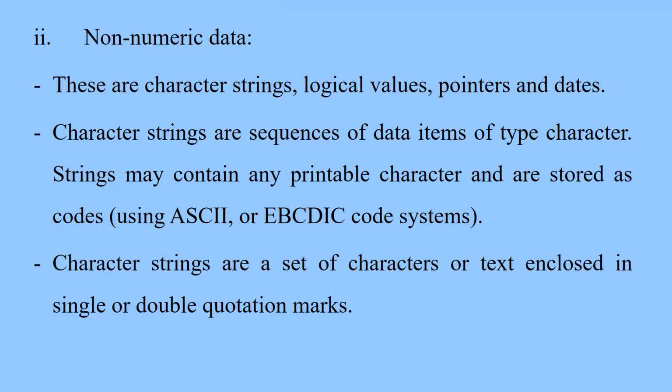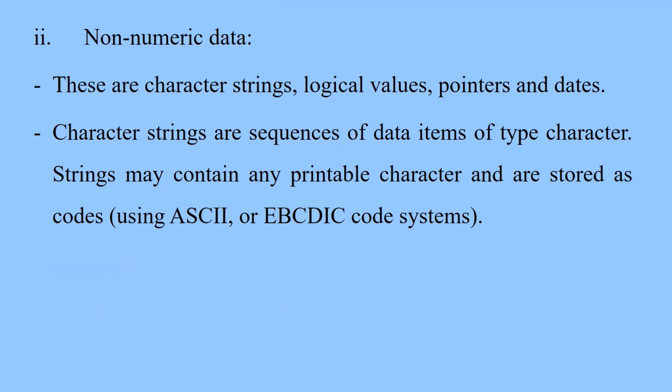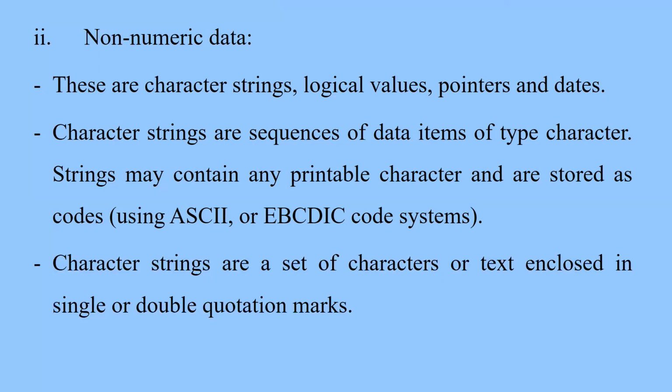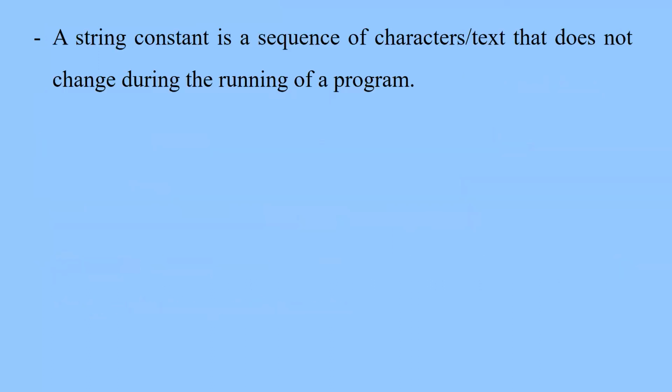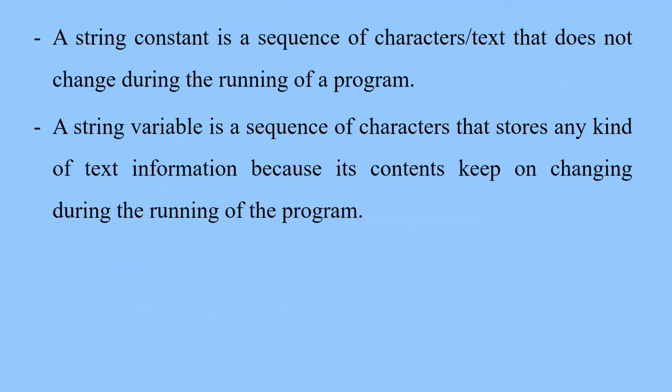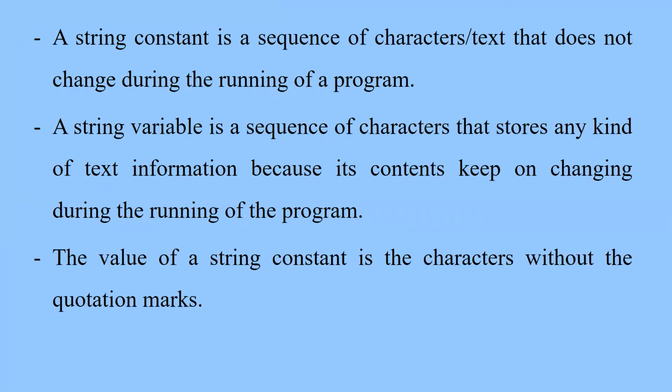Then all those other types of data form what we call non-numeric data. And non-numeric data, remember, are what we call string constants. They are what we call string variables.